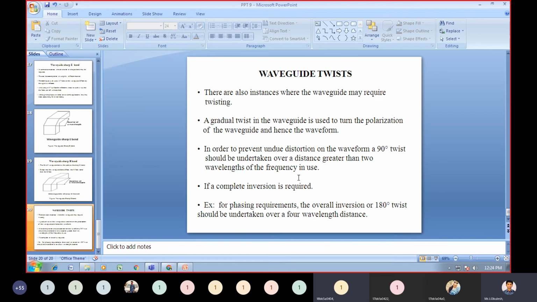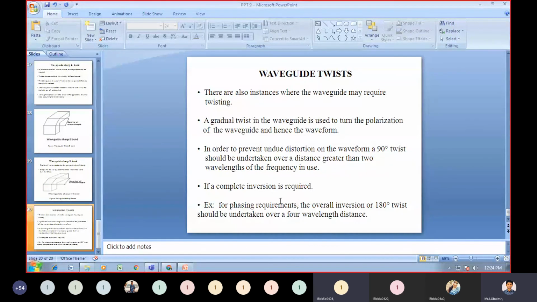Next, waveguide twisting. You know that. What is meant by twisting? Twisting means rotating. I think all of you know that. We already learned it from STLD. If you want to twist the waveguide, the angle for that is 90 degrees. At that point only you need to take the waveguide twisting.